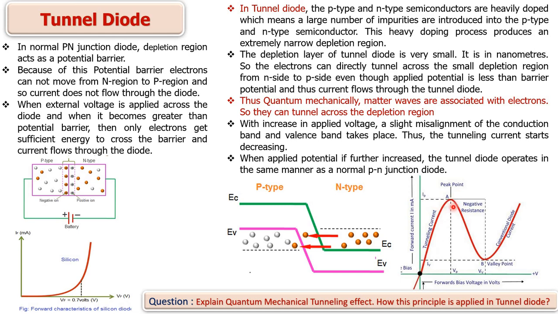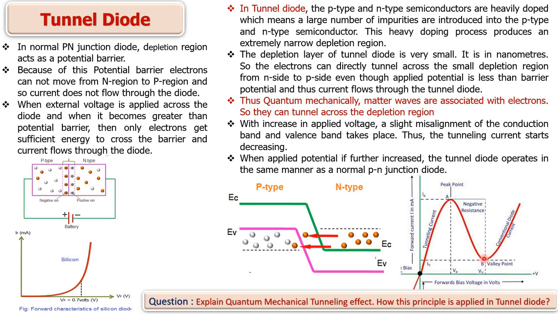Our interest is only in this region, but if you want to know the further characteristics, they are like this. As you increase the voltage, misalignment of the energy bands takes place. Because of this misalignment, the current decreases.